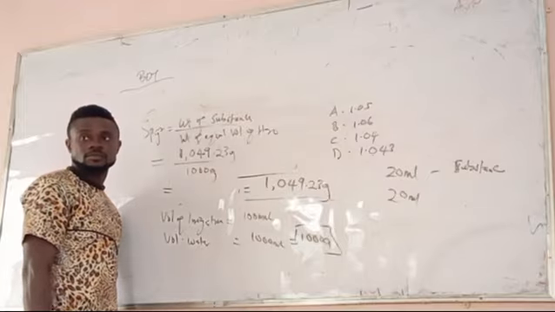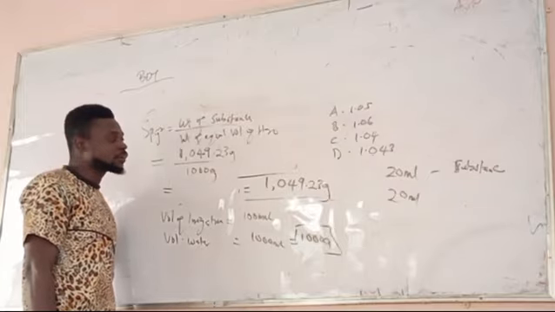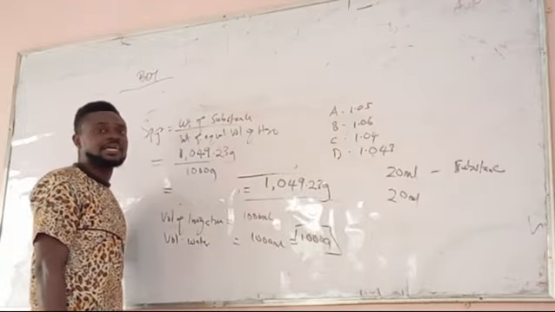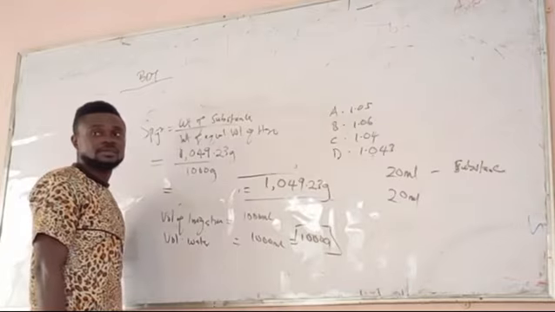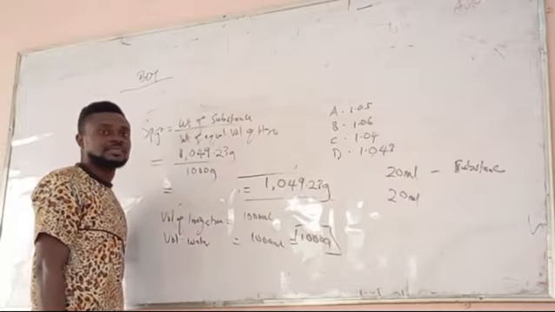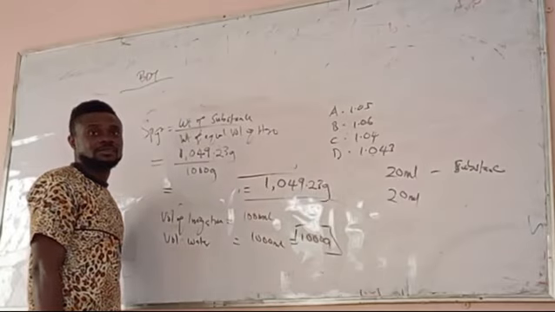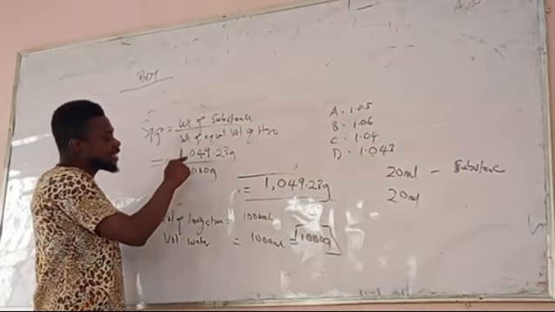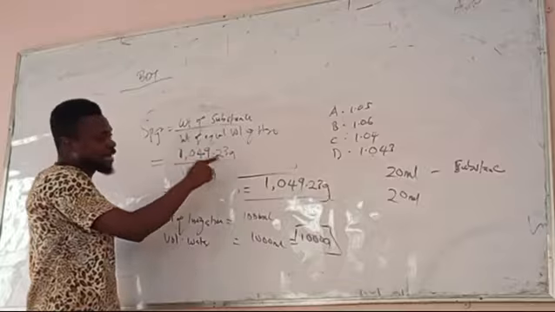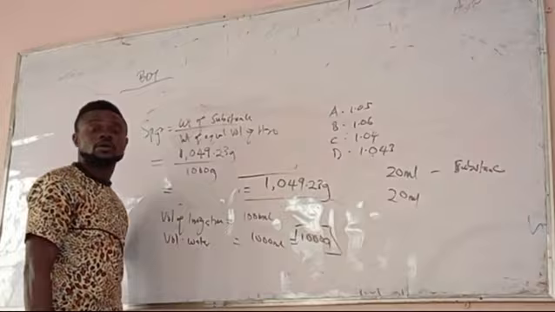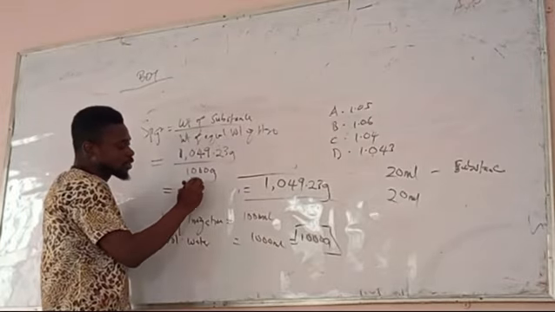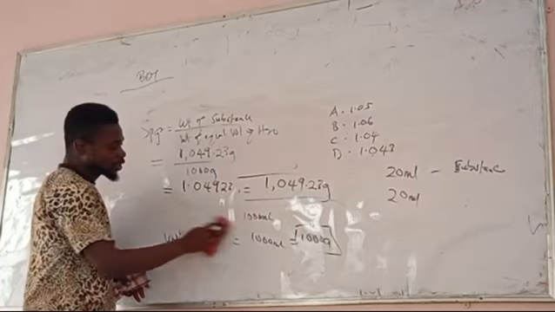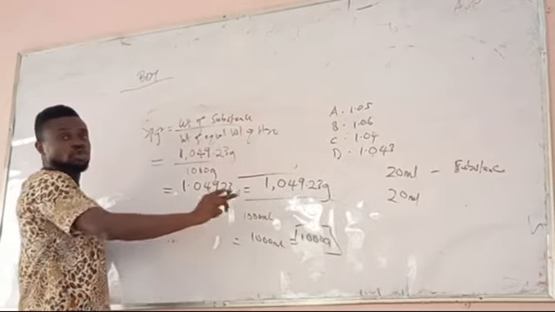Divide 1,049.23 by 1,000. The answer is 1.049, which is 1.04923. It's too long, so we approximate.